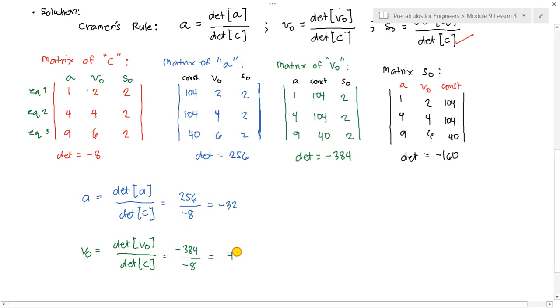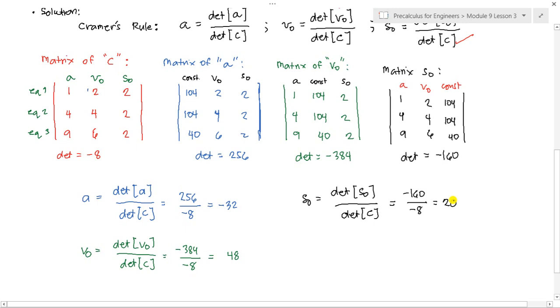Okay, so 48. Positive, di ba? Yes. And then lastly, for the initial height, S naught is equal to the determinant of S naught all over the determinant of the coefficient matrix C. So that is negative 160 divided by negative 8. The answer, pila man? 20. Okay, so 20. Positive.